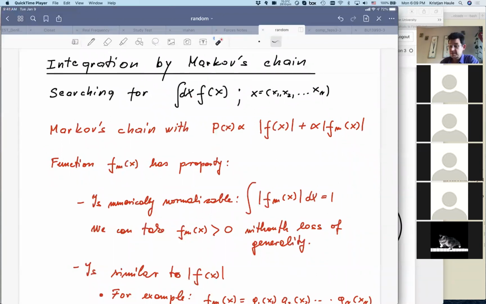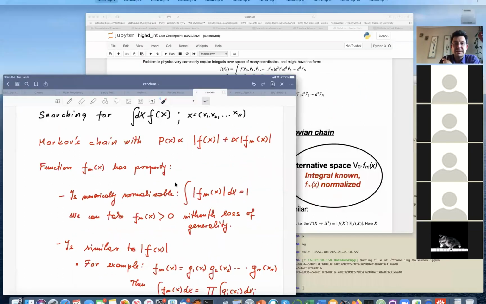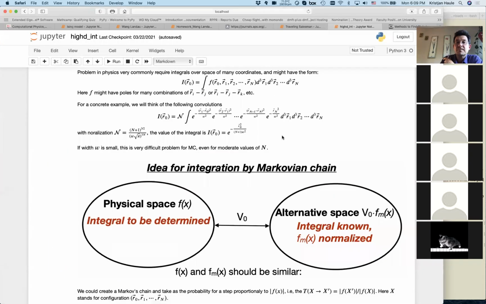There are two ways to do this Markov chain simulation. One way is to define an alternative function. So we have the physical space. In physical space, our weight is just our function f that we're trying to integrate.